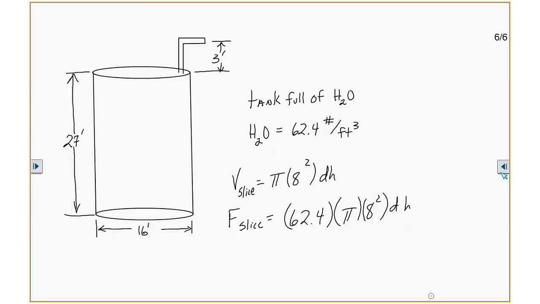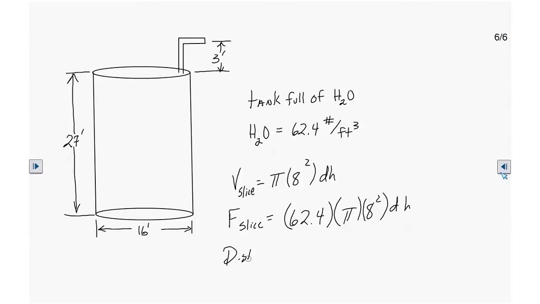Now, why do we not have to multiply by 9.8? Because we're in standard units versus what? Metric. What, you wonder about 9.8? 9.8 is only with metric. And then the distance of the slice is equal to 30 minus h.